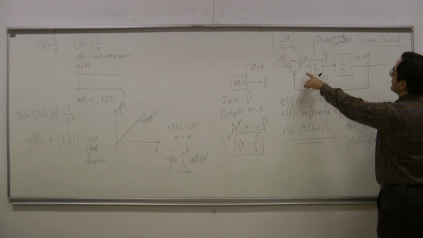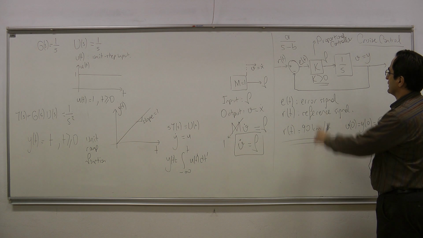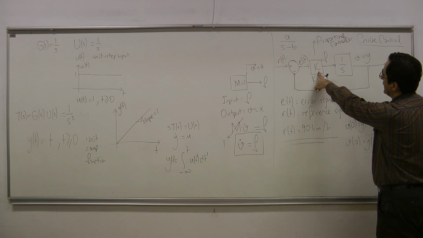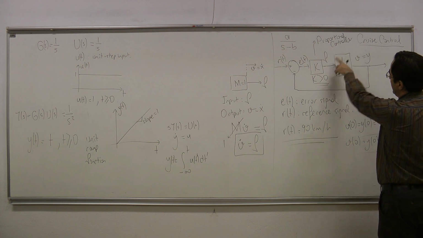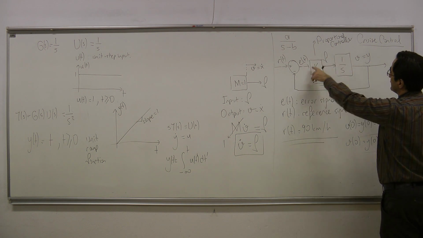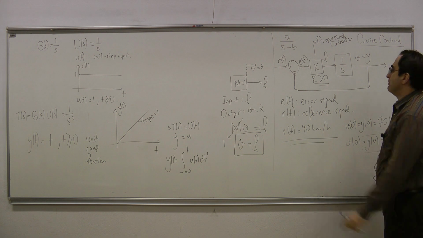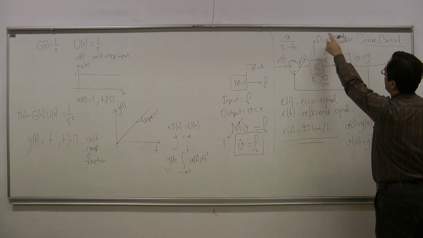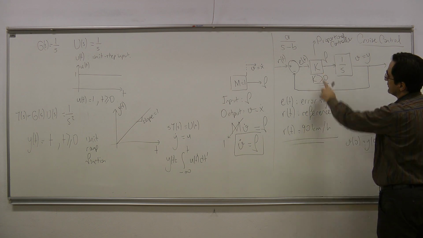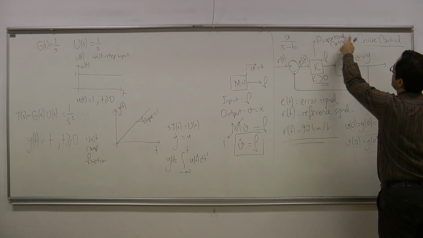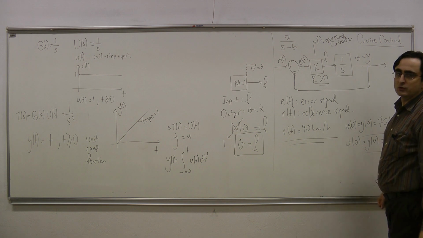And here, the controller that we are using, the constant multiplier that we put between the error and the input of the actual system, is called the controller. And because there is just a proportionality constant here, a single multiplier, this controller is called proportional controller.